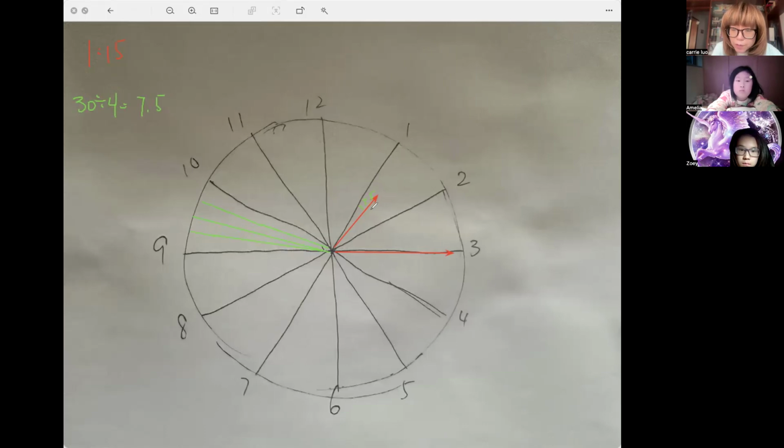We know that this part is the angle formed by the minute hand and hour hand. So we know this is 30 degrees. So how about this one? 30 degrees minus 7.5, correct? Which is 22.5. So if you add together, 30 plus 22.5 equals 52.5. Get it, Amelia? You're very close.